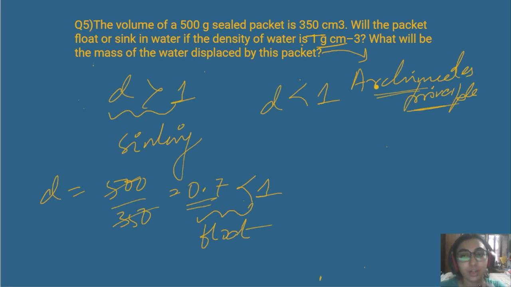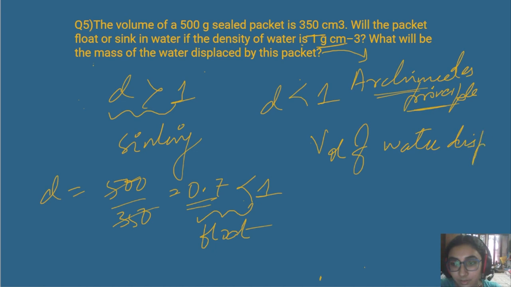So for the sealed packet to remain completely afloat, it has to displace equal volume of water, right? Every second it has to give out or displace equal amount of water so that it keeps floating, right? Otherwise it will sink.